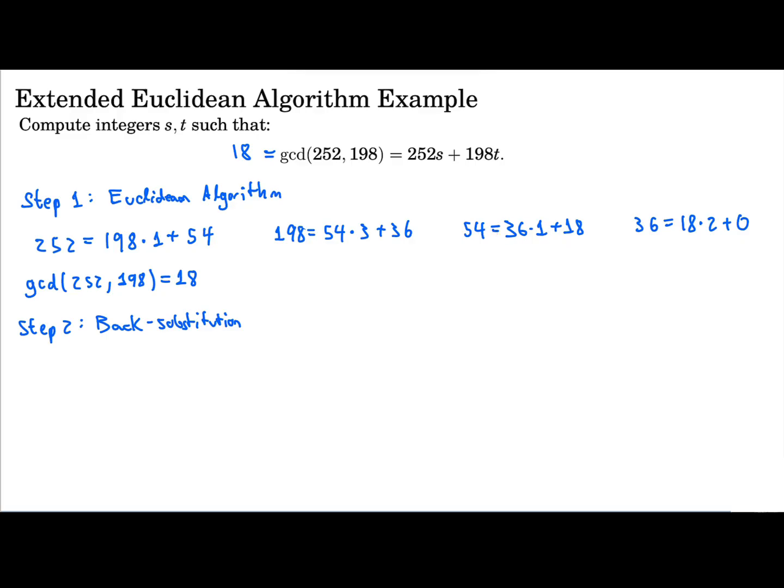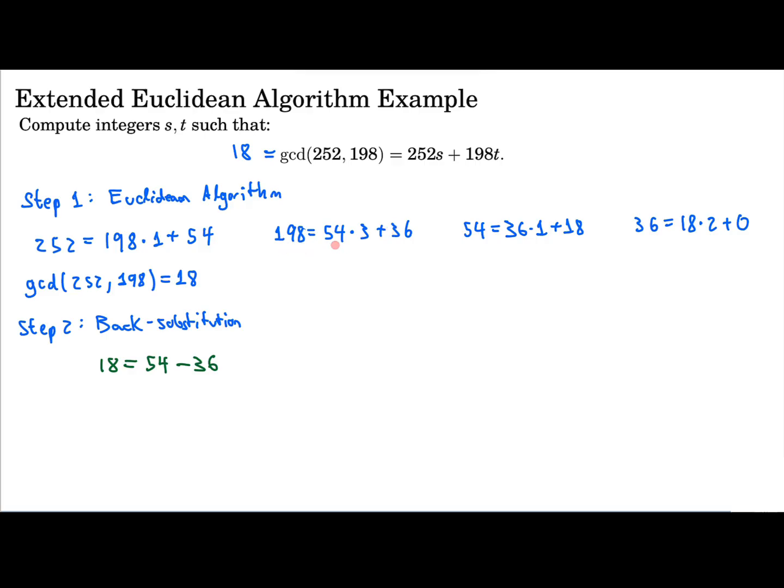So 18, let me do a different color. Then 18 is going to be equal to 54 minus 36. And for this, we used this equation. But now, for this 36 here, this 36 was the remainder here, and now we're going to replace this 36 with 198 minus 54.